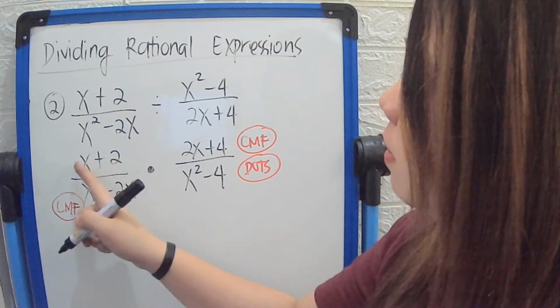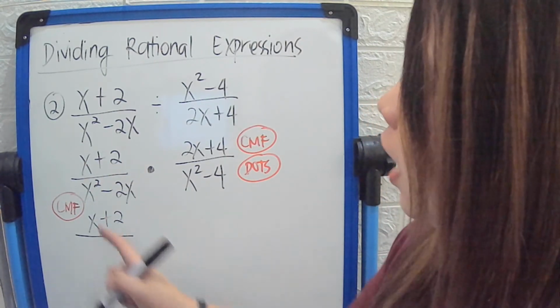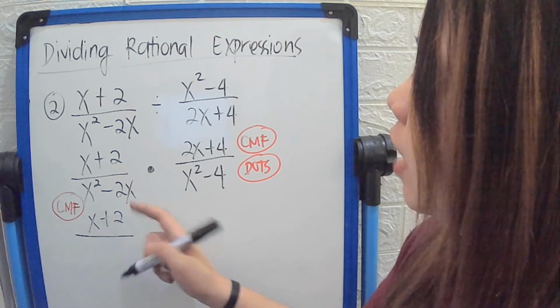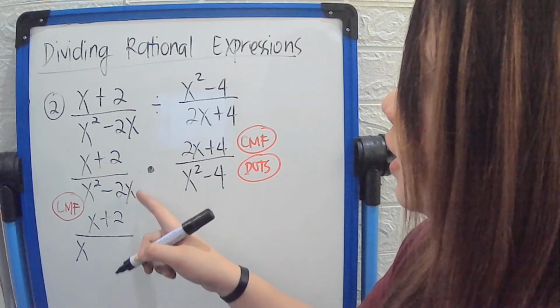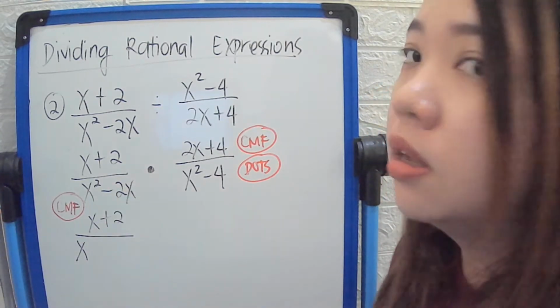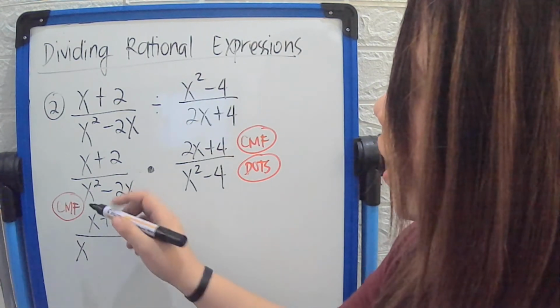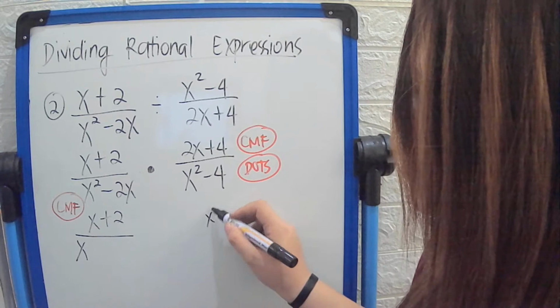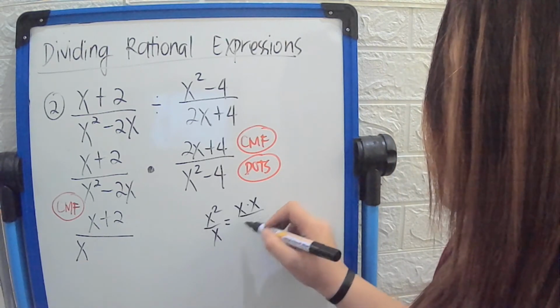So no factoring method here, so just copy x plus 2. Applying CMF here, the common factor is x to the first, since the exponent of x here is lesser than 2. If I divide x squared by x, this means x times x, and this means x.